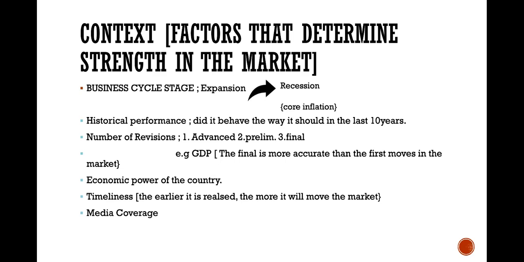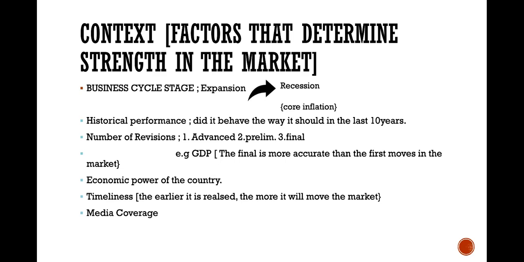So historic performance, how did price behave 10 years ago? When we get to 10 years, we would see some form of performance within the trading. When you look at 2020, you look at how we had COVID and all that. Those are historic times. The 2008 crash was historic.